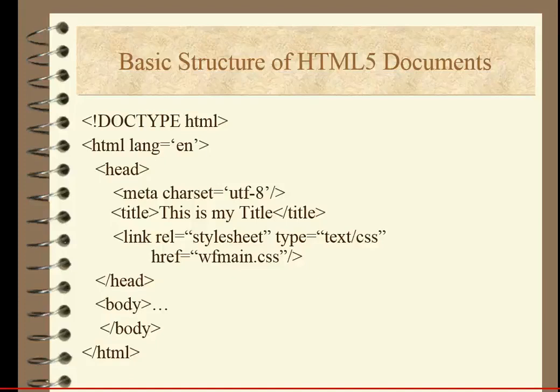Below the title here, we have a link element. And notice that this is a singleton, as is the meta tag there. There's some other meta tags as well. So this particular link shows how to connect a style sheet. So what you're going to see is that the content of the page will be in the HTML document, and then the way that it's styled and presented is separate in an attached style sheet.